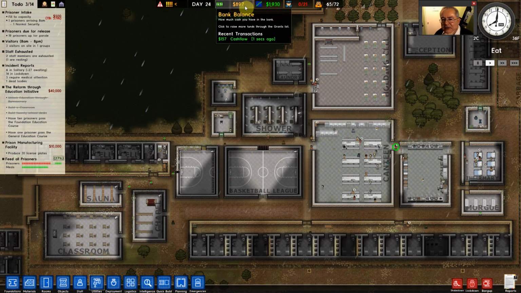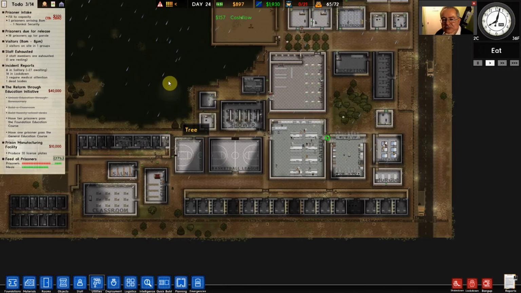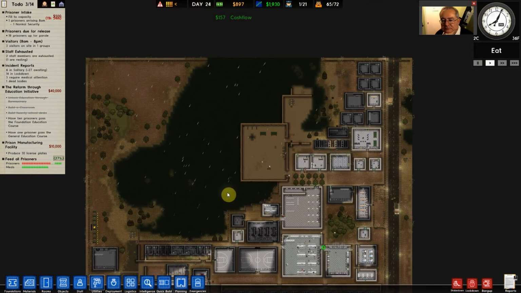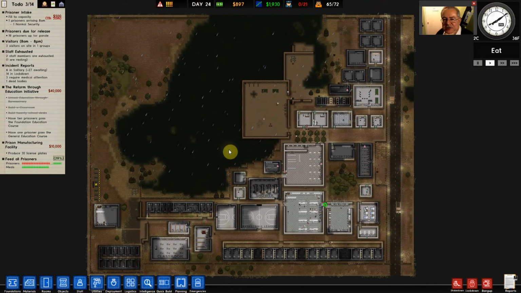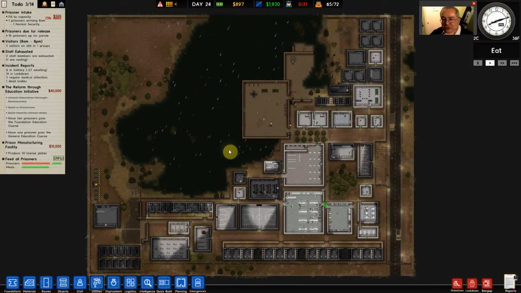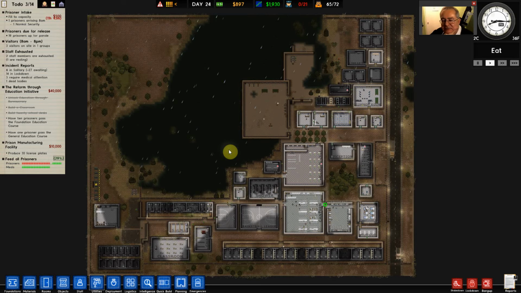My buffer of 5,000 is gone, of course. It's a bit like my philosophy with money in real life. I think I should keep it, but somehow it gets spent. Wrong. Definitely should keep it.